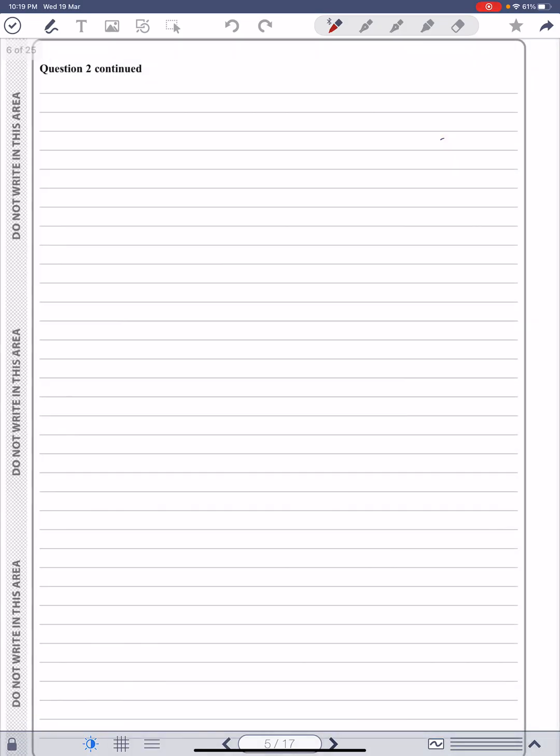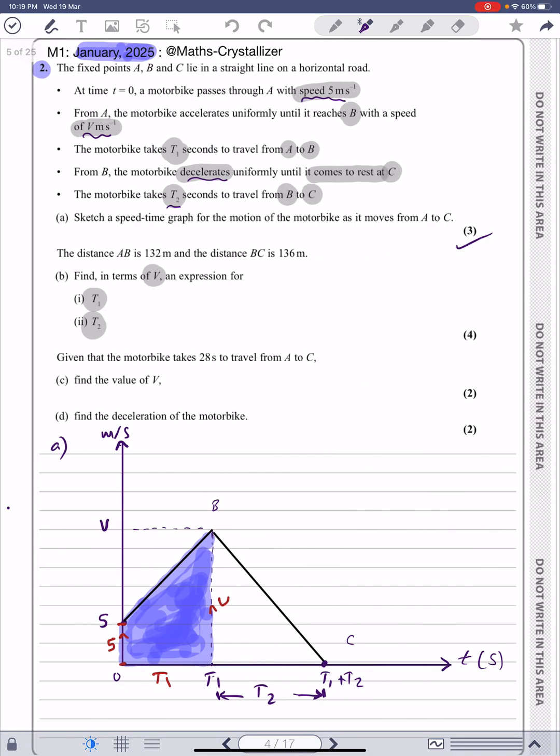So you go to the next page, you write the distance AB is the area of the trapezium, half times V plus 5 times T1. If anyone may forget the area of the trapezium, which is not expected, to be honest, it is half times base number 1 plus base number 2 times the height.